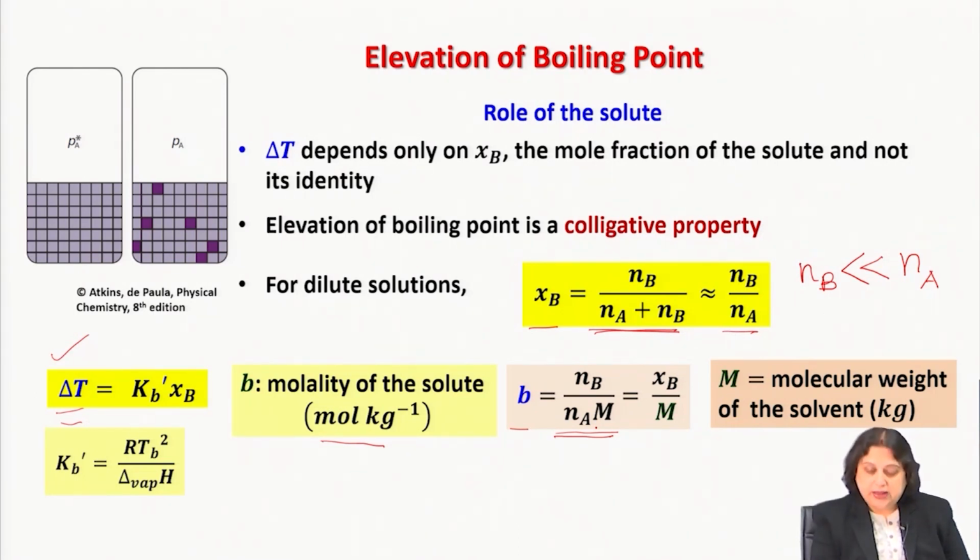And therefore, if Nb moles of the solute has been dissolved in Na into M kgs of the solvent, what is the molality? The molality is going to be given by Nb divided by Na into M. But we already know that for a dilute solution, Xb is equal to Nb by Na.